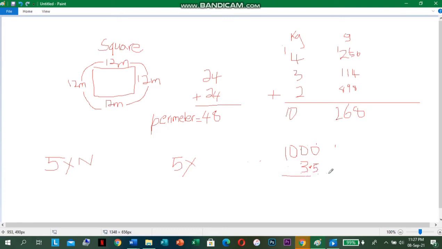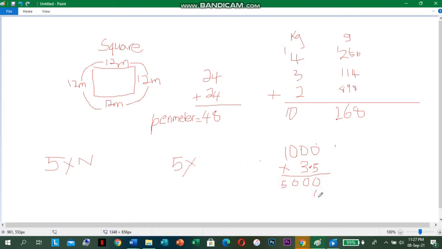Sorry, this is supposed to be multiplication. I'm probably going to need a little more space, but never mind. So 5 times 0 is 0, 5 times 0 is also 0, 5 times 0 is also 0, and 5 times 1 is 5.